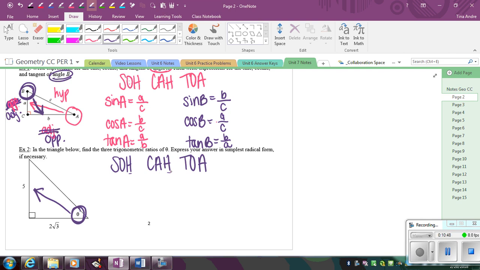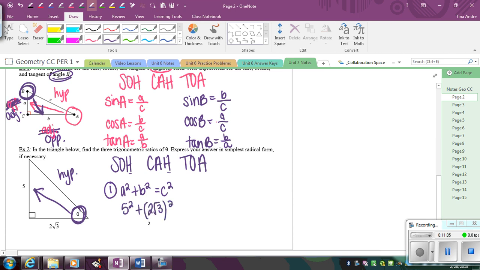Since this is the hypotenuse, let's go ahead and do the Pythagorean theorem first. My first step is a squared plus b squared equals c squared. So we have 5 squared plus 2 root 3 squared equals c squared.